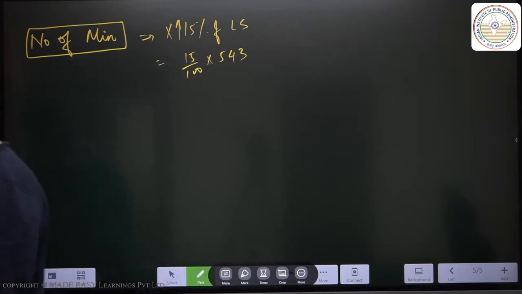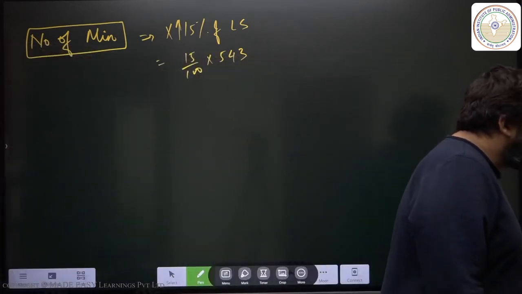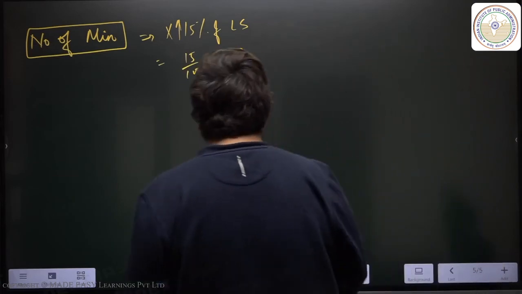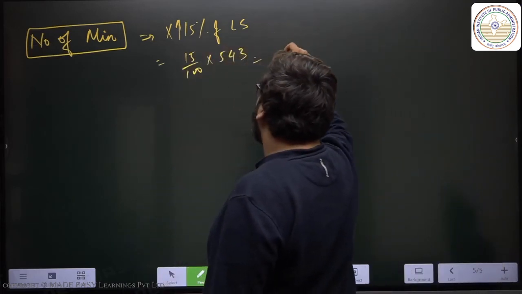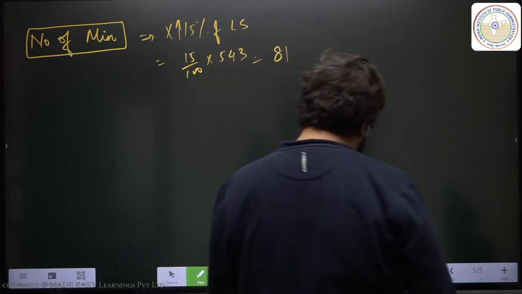And how much is that? Okay, good. If this is about 81.4, you could call it 81. You can't have more than 81 ministers.